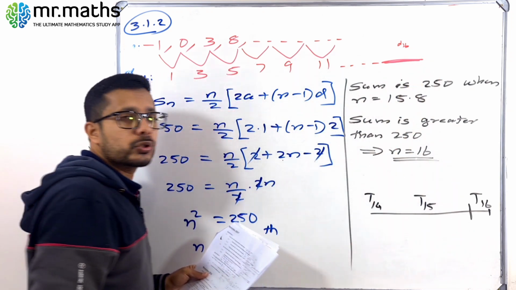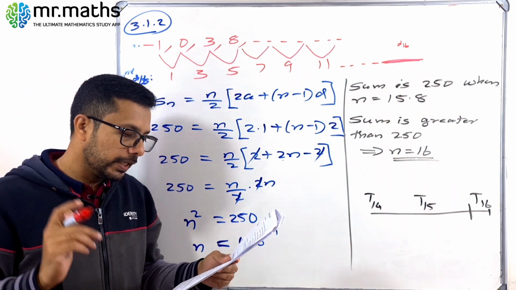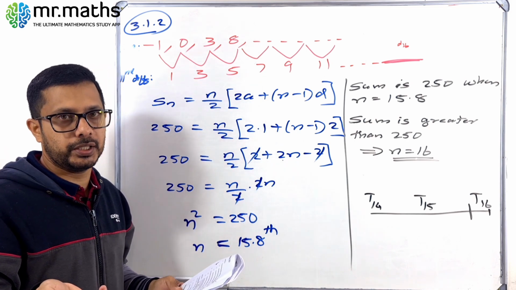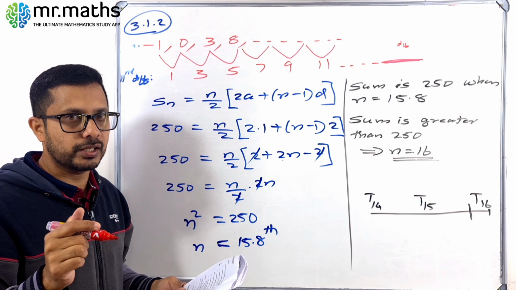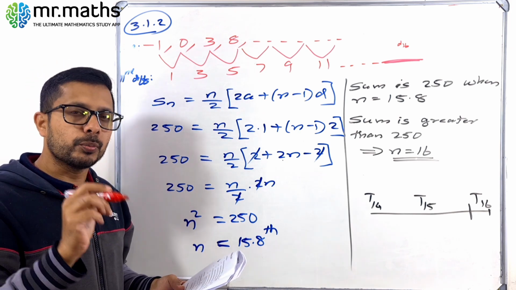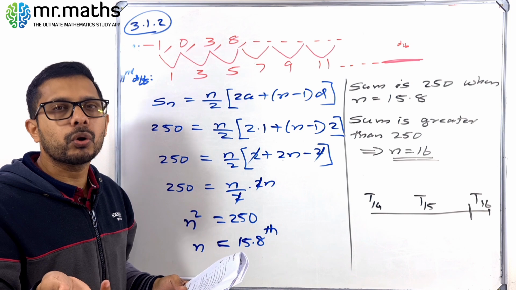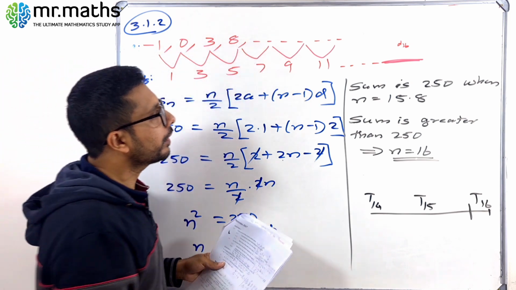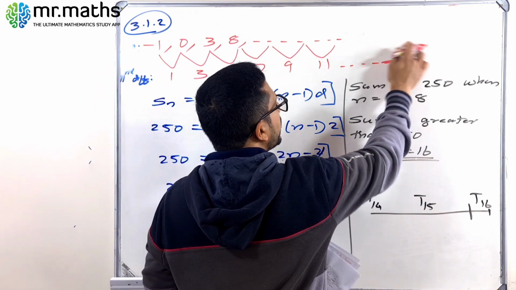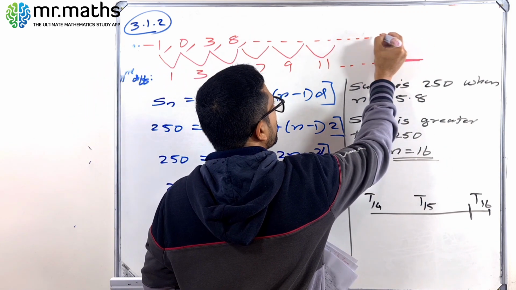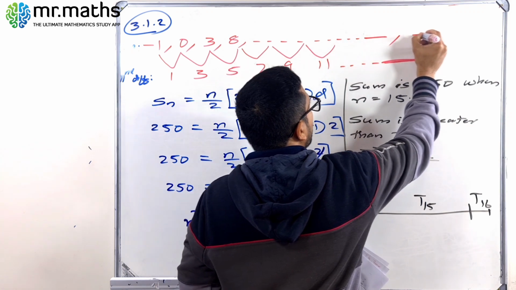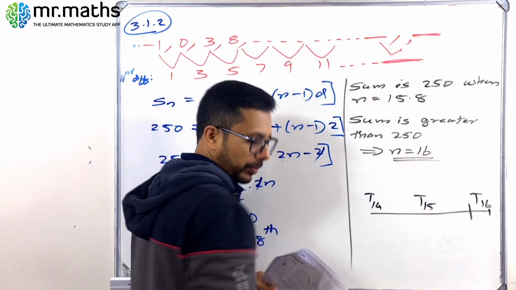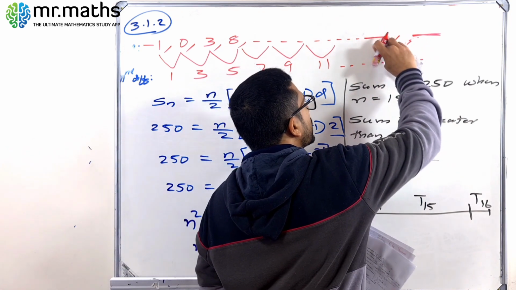We are not supposed to find the first difference. Look at the question: determine the position of the first term in the quadratic number pattern. Not the first difference. So which one is the quadratic number pattern? This one. There is a term here, comma, there is a term here.